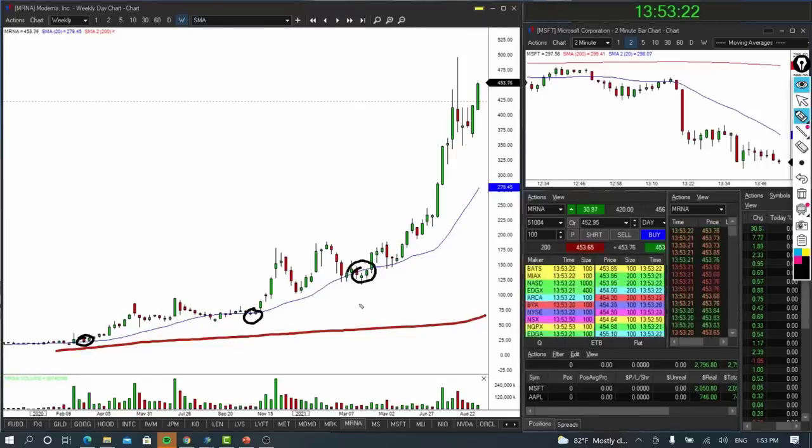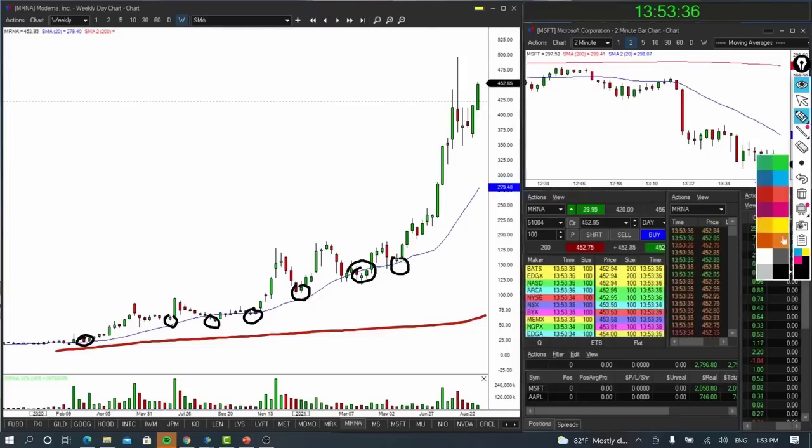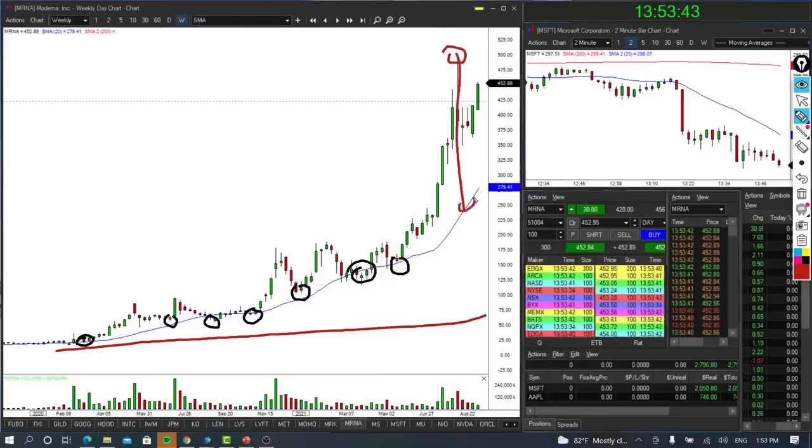It doesn't have to be touching. It can be a little above or a little below. But is it near? I'm going to repeat this over and over again. Is it near a moving average? Or, wait a minute, is it far away from a moving average?